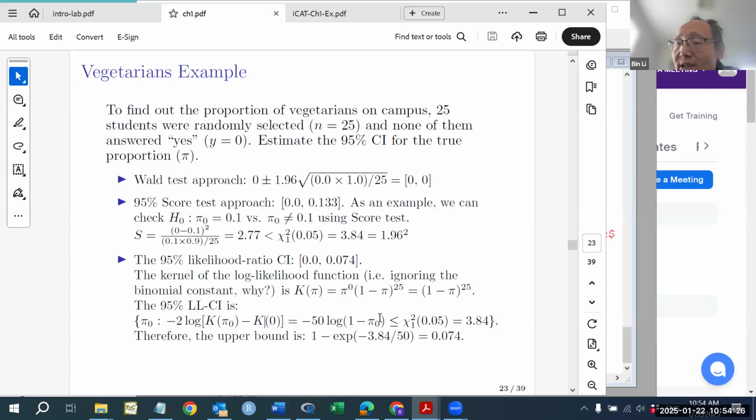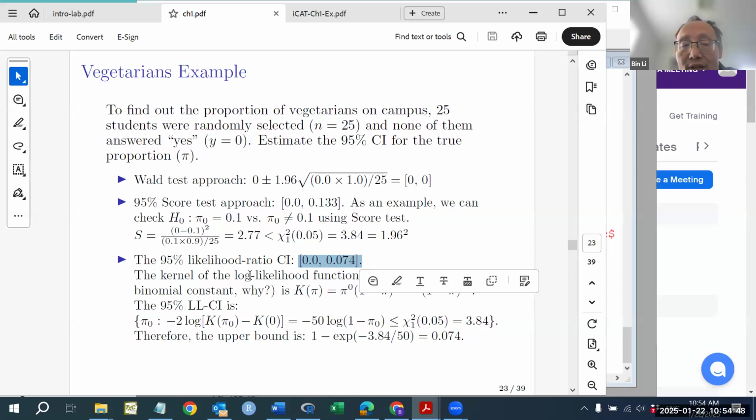Ask yourself, do you prefer a confidence interval with a narrow range or a wider range? Of course, the narrower, the better, because a narrower confidence interval means you have a more accurate estimate.